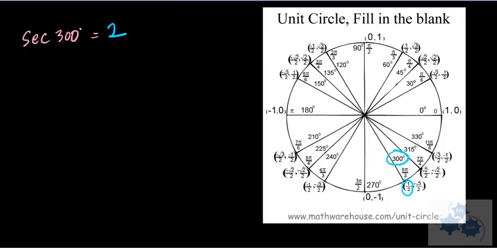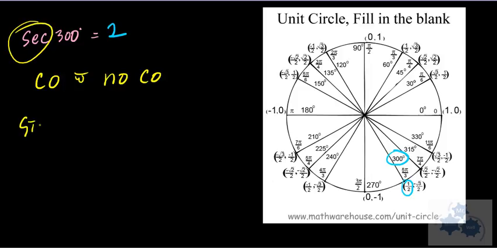Reciprocal. Do you want to know how you remember which reciprocal function is associated with which primary trig function? There's always a co with a no-co. That means if we have sine, it's got to go with co-secant. See the co?